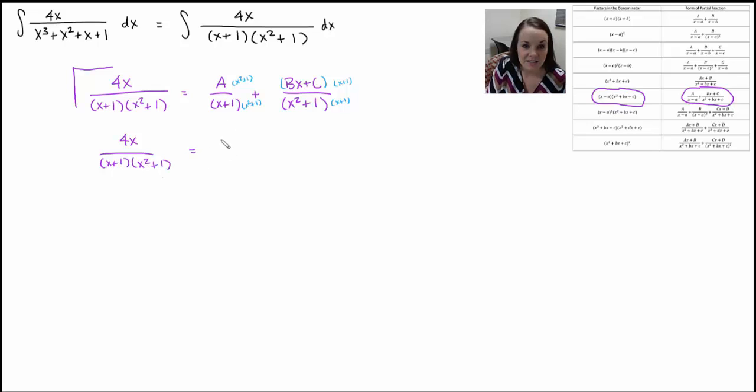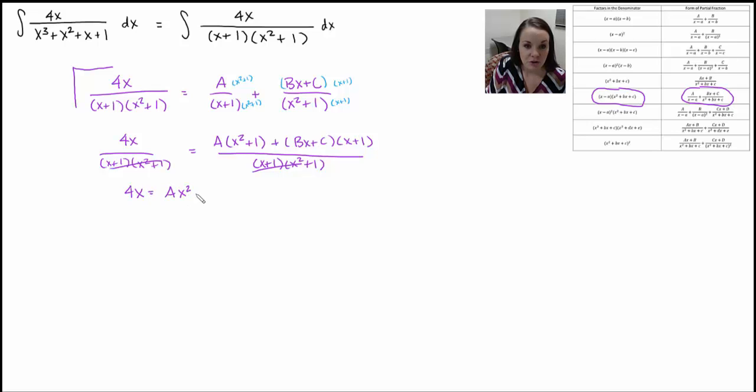The left side, as you see, stays the same. And then the right side, I'm going to add them all over the same common denominator. So I end up getting all of this over x squared plus 1 times x plus 1. All right, so now you can see that these denominators will cancel each other out, and it simplifies down.